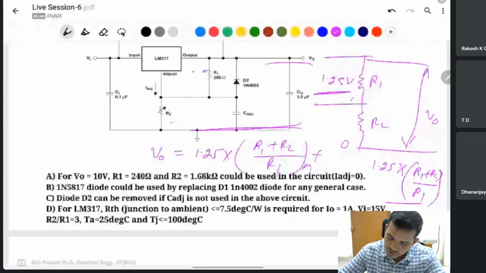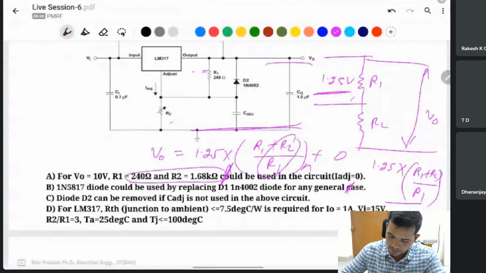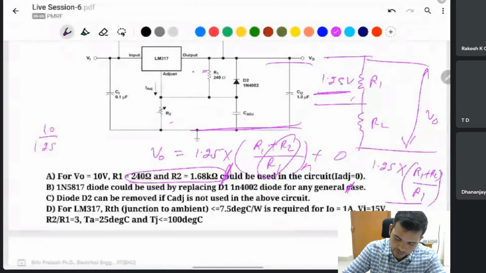The first one is 0, then the output voltage is calculated with R1 and R2. The output is 10 divided by 1.25, 1 plus R2 by R1.